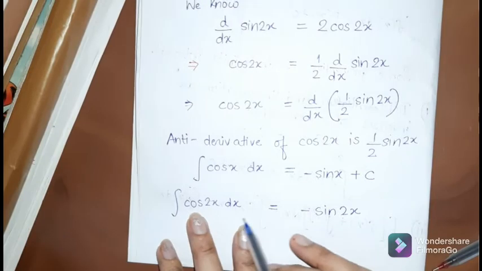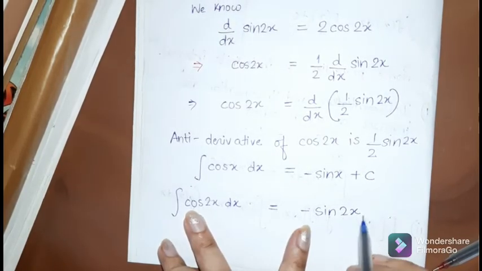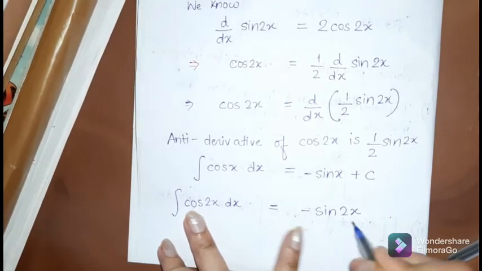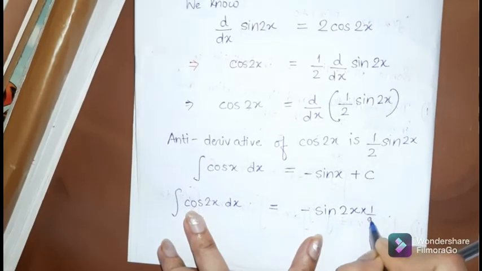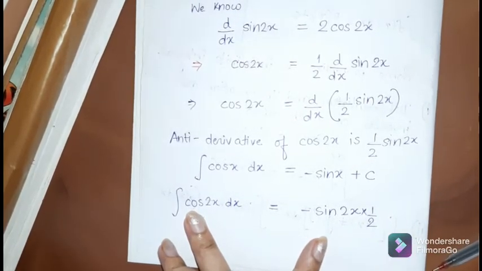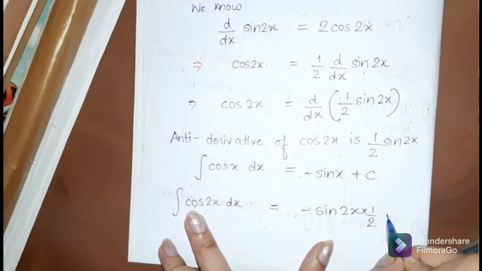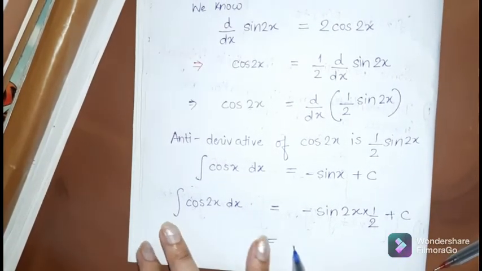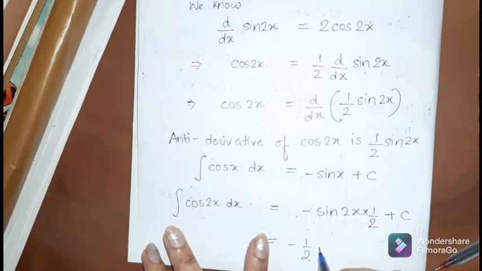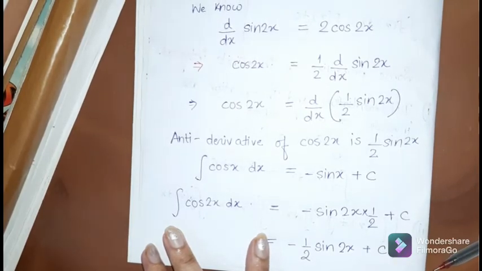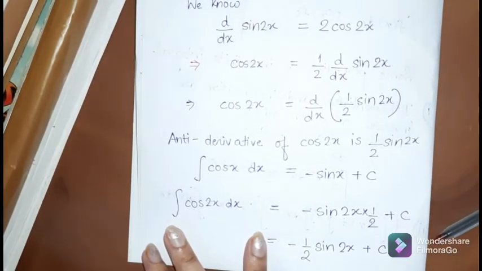Suppose we get sin 2x, but 2x is a function of x, so you have to differentiate it. That is the chain rule. In integration, the constant we get from the chain rule comes in the denominator, so we get minus half sin 2x plus c. Okay, here I have made one mistake.